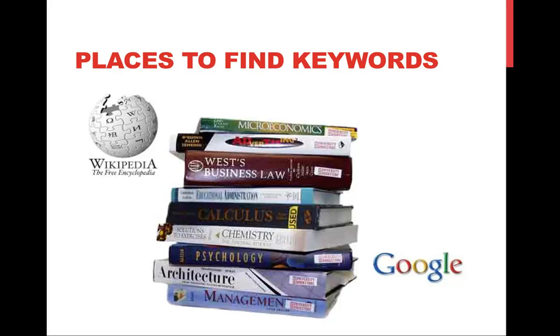If somebody ever asks me a reference question where I'm not super familiar with the topic, I look it up in Wikipedia first and get a handle on the jargon, get a handle on the keywords. It is great for that. Another good resource is to just search Google in the words that you would use for a topic, and the words that come up in the results can sometimes help you gather terms that work better in library resources.